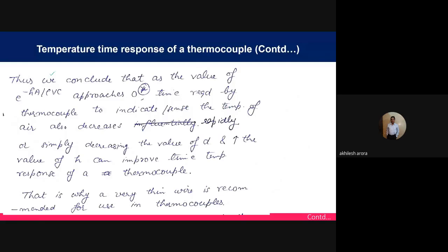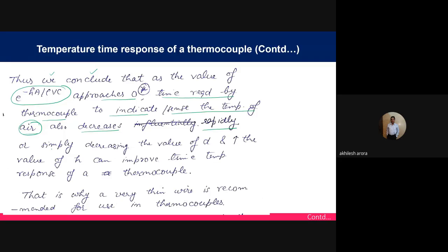Thus we conclude that as the value of this term, e raised to power minus hA over rho Vc, approaches 0, the time required by a thermocouple to sense the temperature of air or another fluid also decreases rapidly.